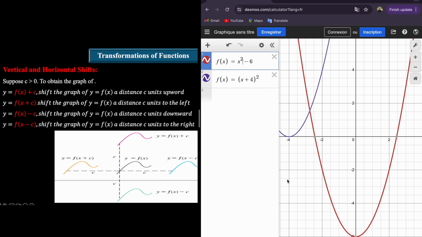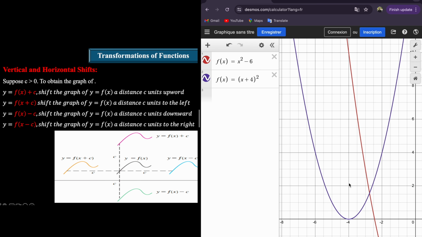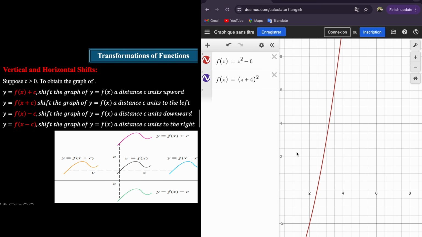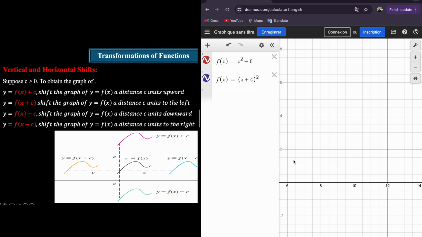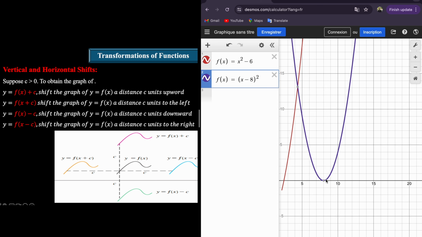Okay, now what if I want to move this curve to the right 8 units? Okay, so I will just simply do it as follows. I'll make this minus instead of plus, as you see here. Okay, x minus c takes it rightward, and I'll make it 8 here. So you see, you have it 8.